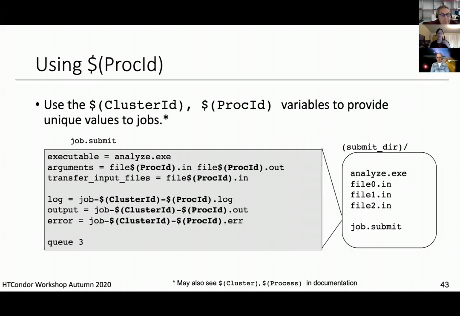And we can replace those with these variables so that we end up with the right result. Each job will transfer and run differently numbered input files. Our log, output, and error will all have unique IDs based on the job ID. And so this accomplishes what we want. Great.